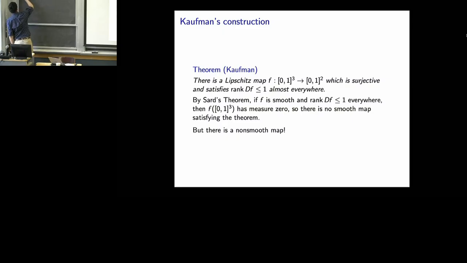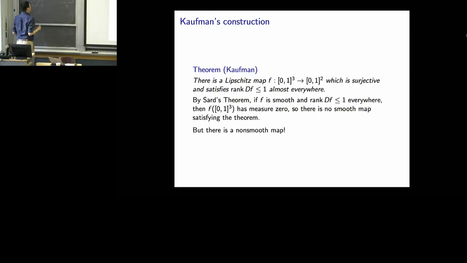So let's name these. Let's call this Q for cube, and let's call this D for the disk. And what we're going to do is construct something self-similar. We're going to cut Q into a 4 by 4 by 4 grid, with sides of length 1/4, and we're going to cut the square into an 8 by 8 grid, with side length 1/8.